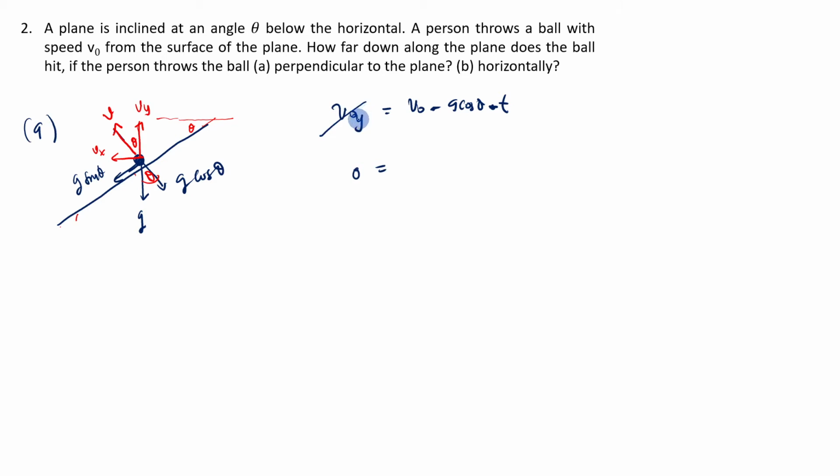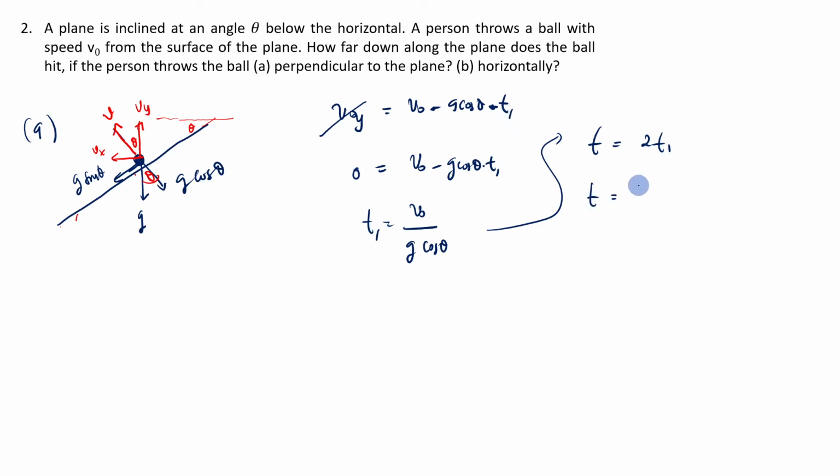This is different from the velocity at the top when we have a reference of the direction of motion like this. So V0 minus g cos theta times t equals 0, and we get t1 equals V0 divided by g cos theta, and the total time in the air is 2 times t1. So the total time t equals 2 V0 divided by g cos theta.